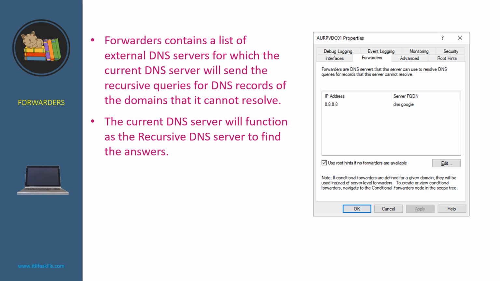Now, when RPVDC01 receives any queries for external domains on the Internet, it will send the recursive queries to the Google DNS to find the answer and send back to the clients. If the Google DNS server is not available, it will use the root hints.